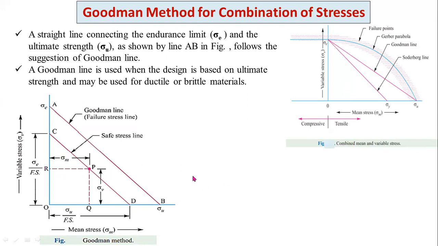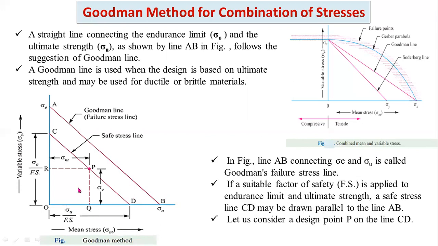For the derivation of Goodman's expression, we are using this graph. In this figure, line AB, connecting the endurance limit and ultimate strength, is called Goodman's failure stress line.